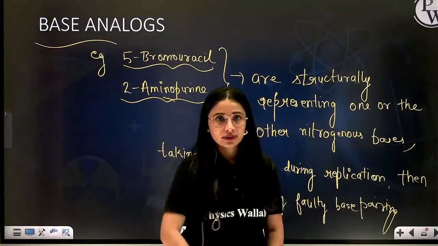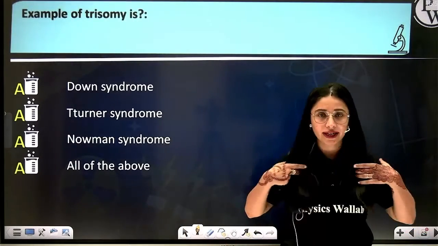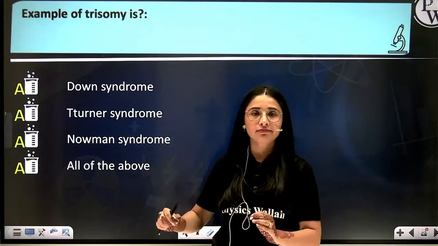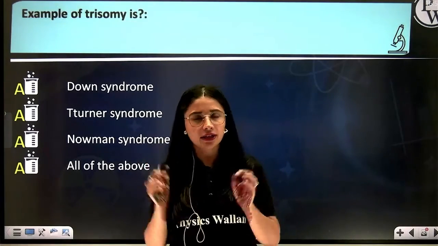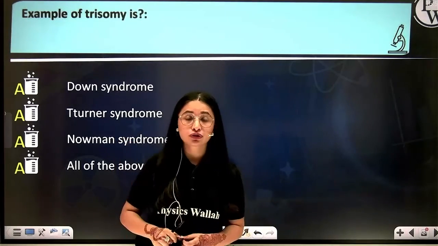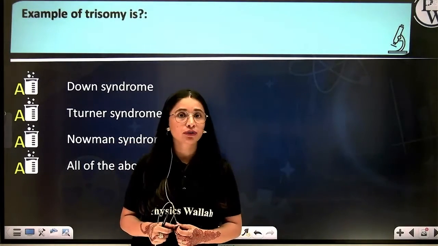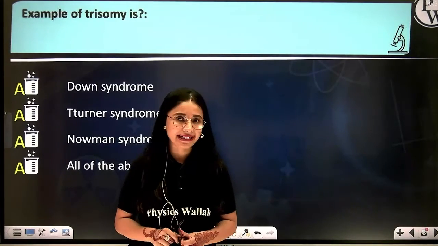Understood? So this much is there for the topic called mutation, and for today I'm going to keep it till here. Again, simple, short and crisp. If you revise everything, if you have understood so far, then I'm sure you can solve all the questions related to mutations very easily.